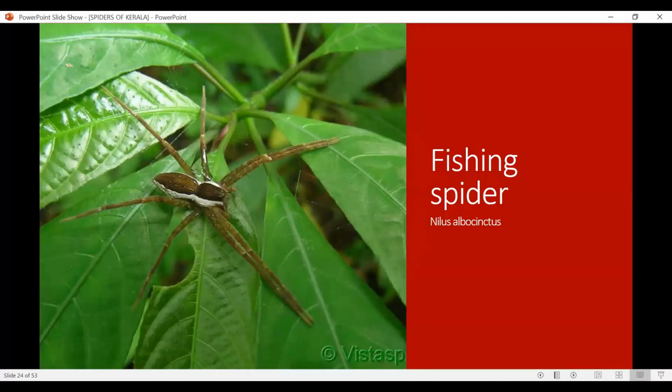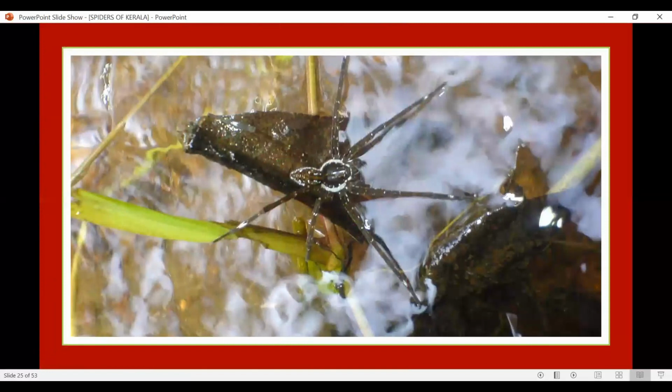In the next slide, you can see that it's moving on the surface of the water. So that is the reason why. Now this belongs to the family known as Pisauridae. Now Pisauridae and Lycosidae are closely related families. Many of you might have seen that the Lycosids have the habit of carrying their egg sac at the back, on their spinnerets.